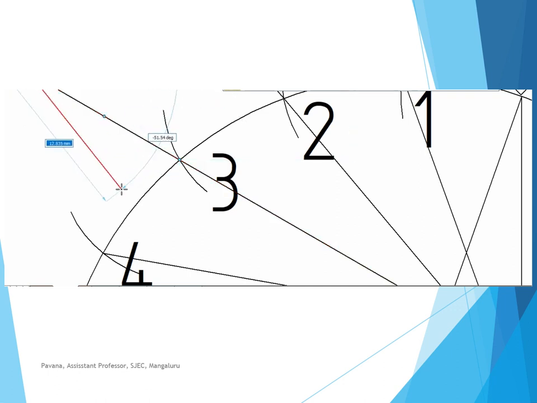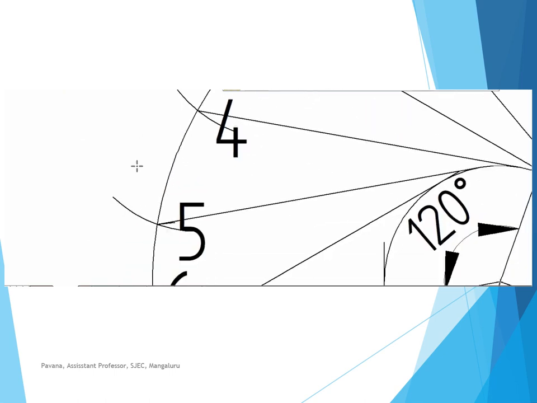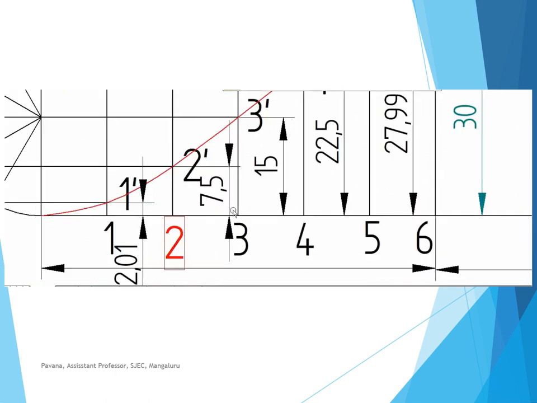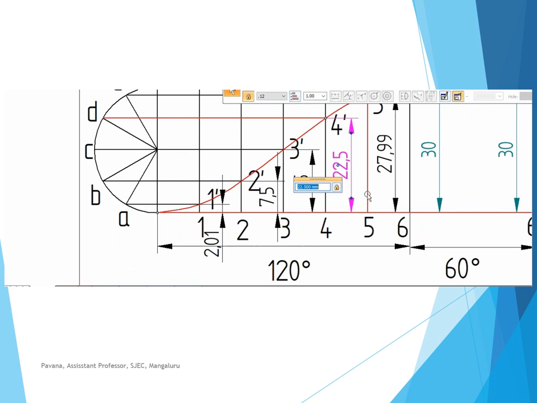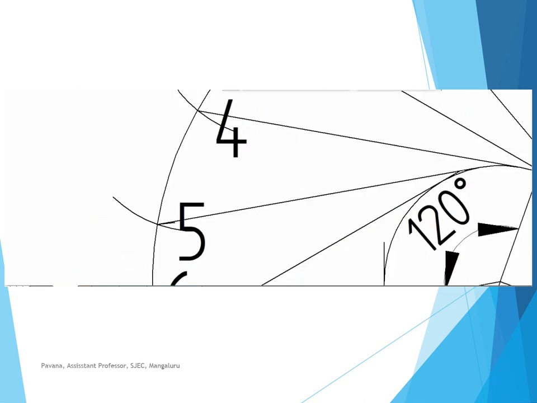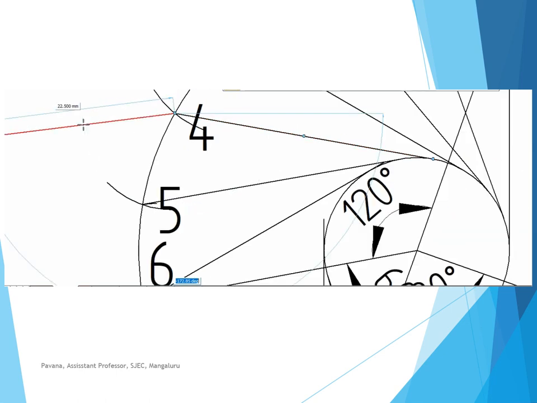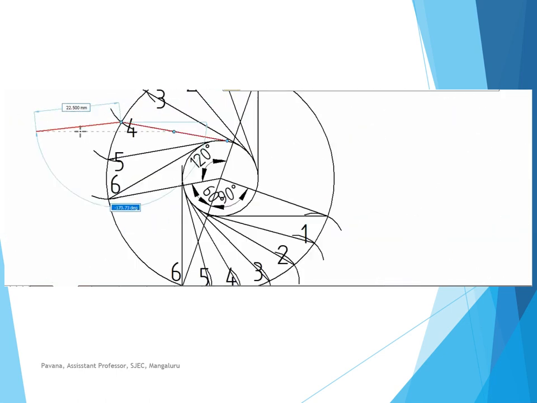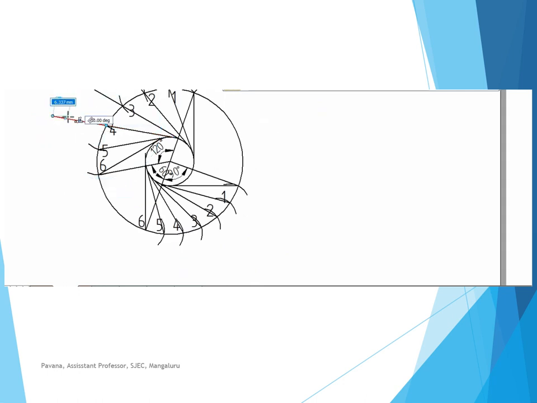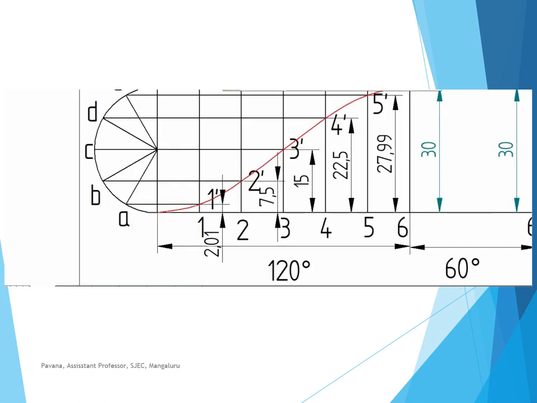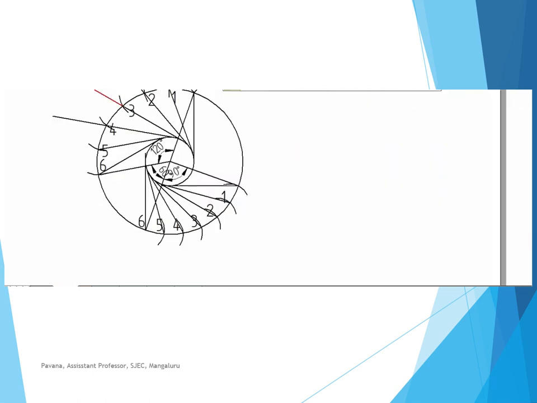Next, the 4 dash distance in the displacement diagram is 22.5. Add that to this end point, 22.5. See, it should be a straight line. The same tangent line is extended. Next, 5 dash, it's 27.99. Extend here, that's the tangent line.